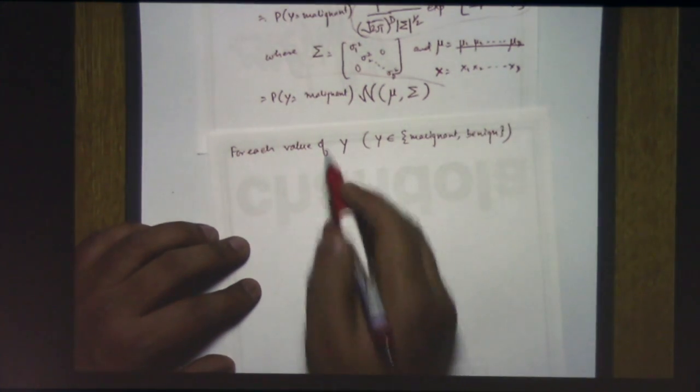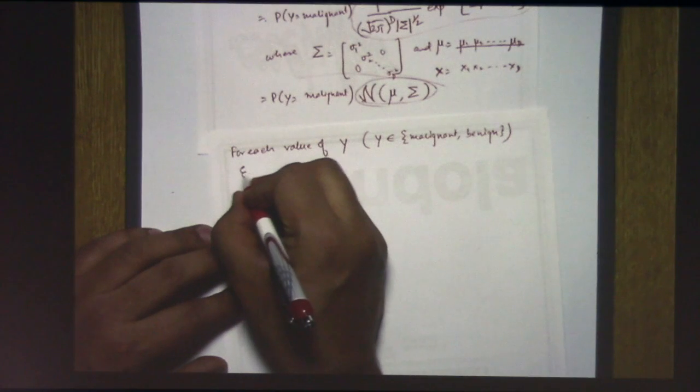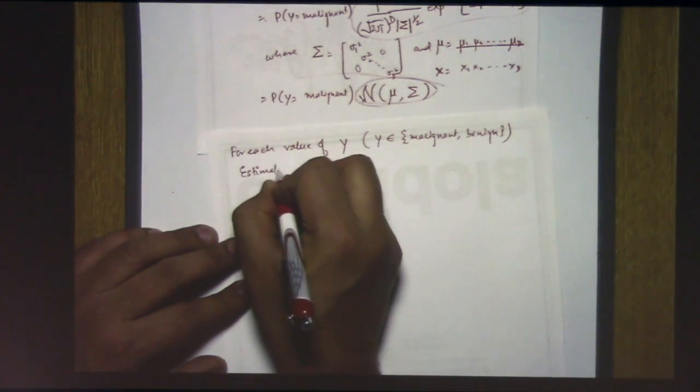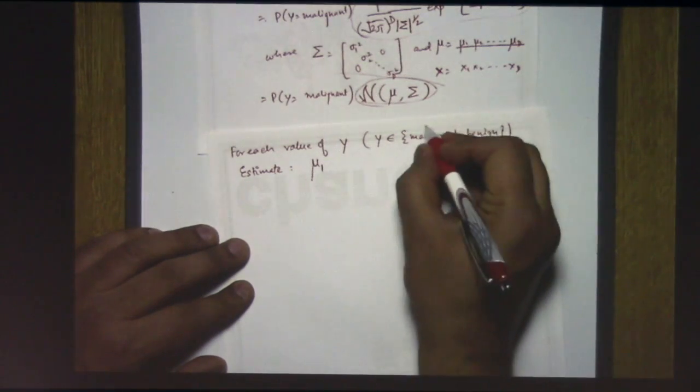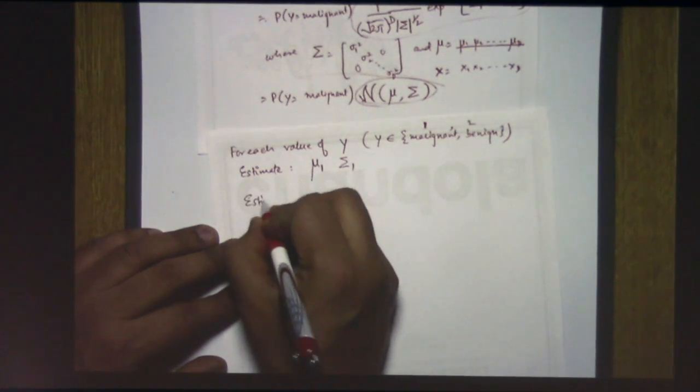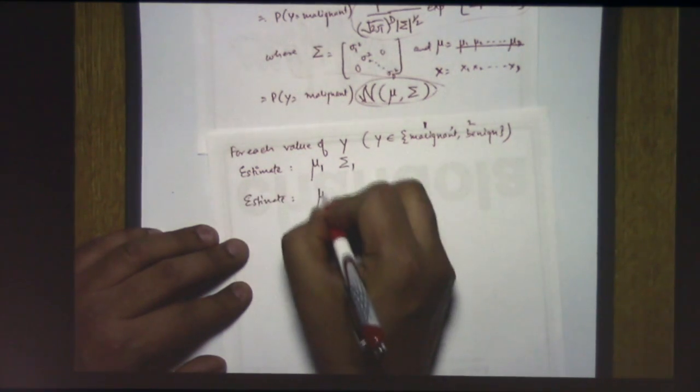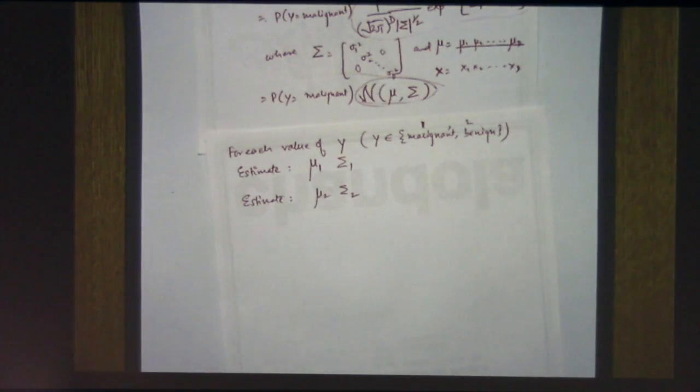For each value of y, we need to estimate or learn or compute mu1 and sigma 1, and estimate mu2 and sigma 2. We call these 1 and 2.